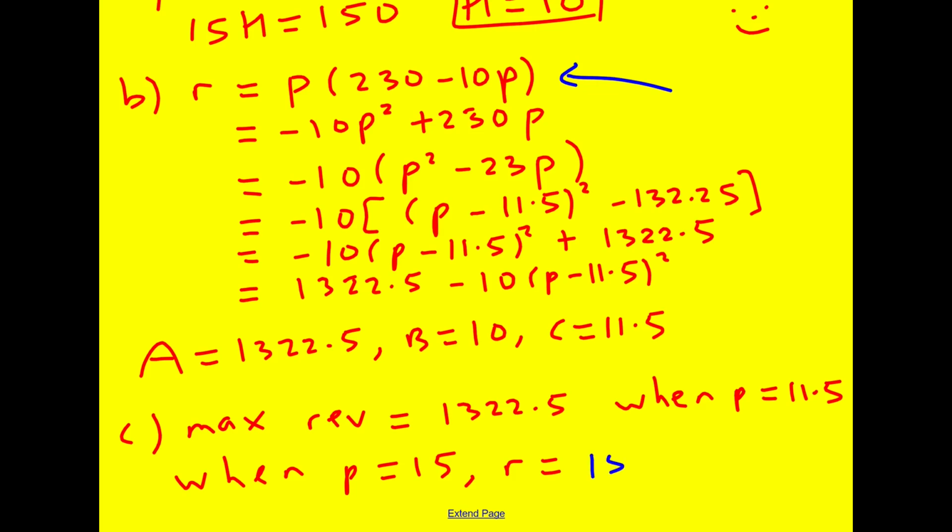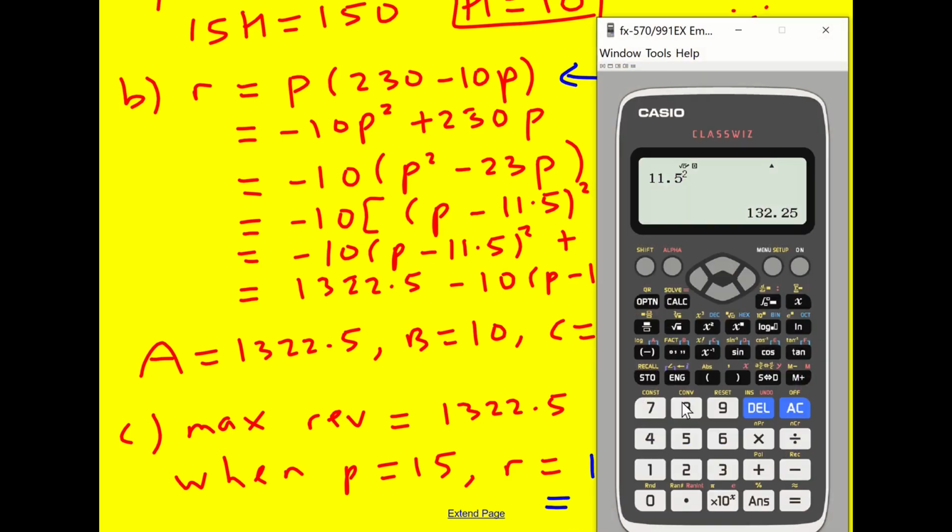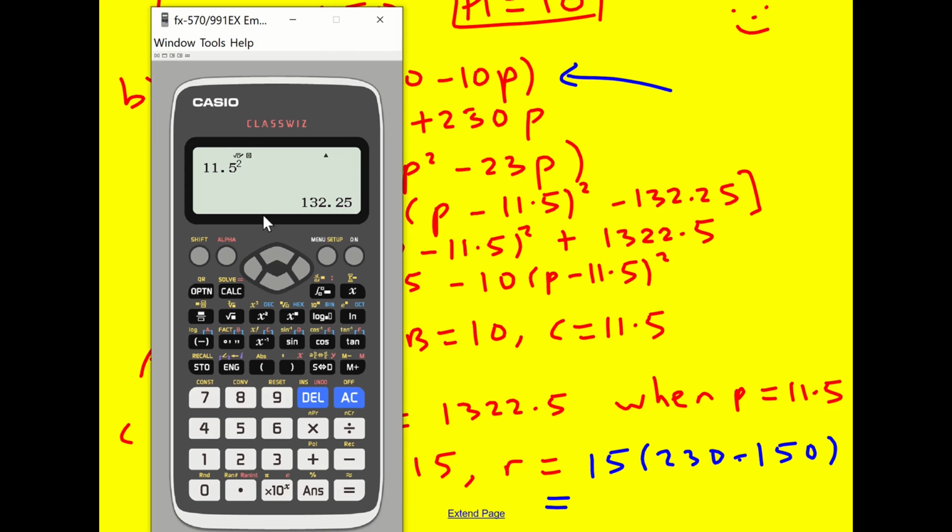It's going to be 15, I didn't do that before, 15 times 230 minus 150. I've just substituted in 10 times 15 into there. So that's going to be 15 times 80, which I think is 100 and, hold on, let's just check. 1,200, isn't it? 15 times 80. Brilliant.